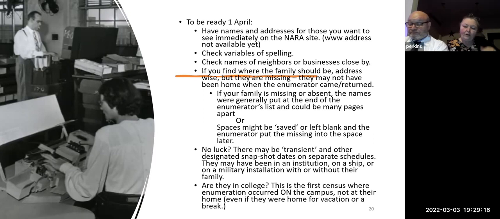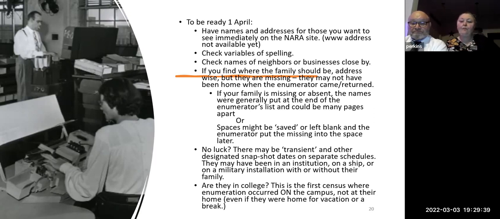So the enumerator may have left some empty lines on that original form. And so you may see that there may be some missing lines, and hopefully it's your family that should go there. Now, there's 27 pages of directions for the enumerators, and you can read them, the 1950 enumerator directions.